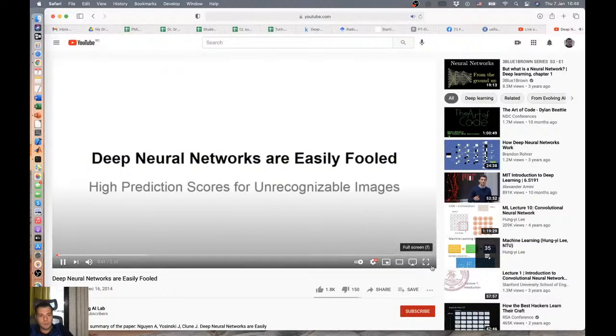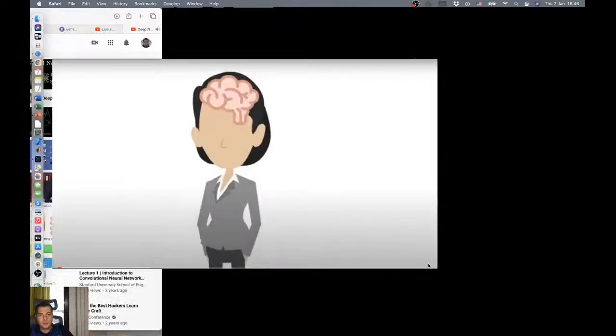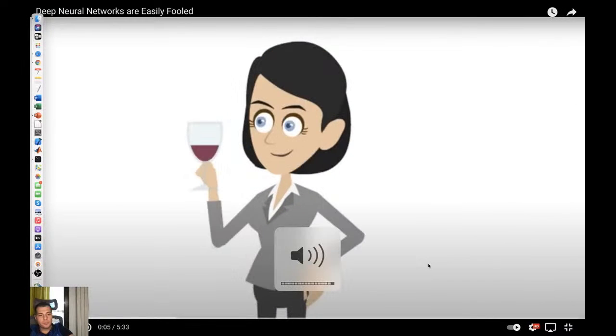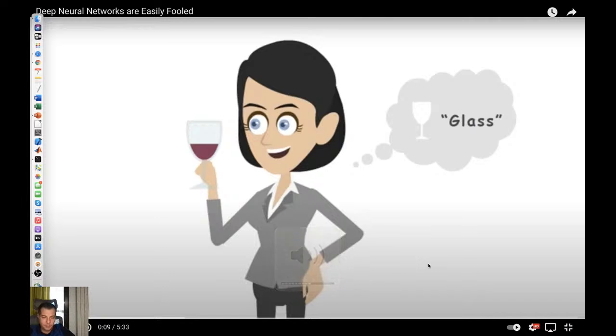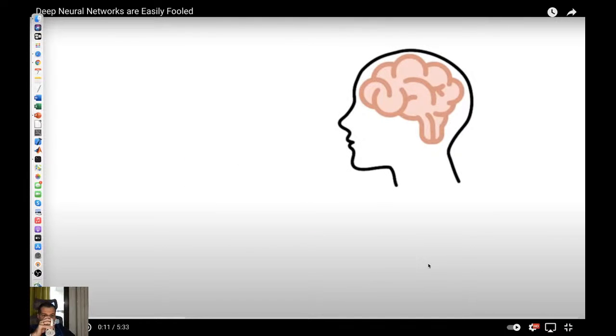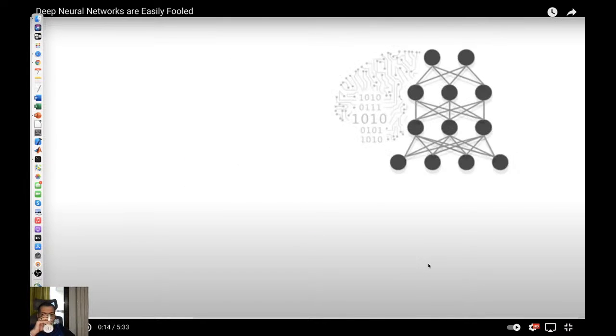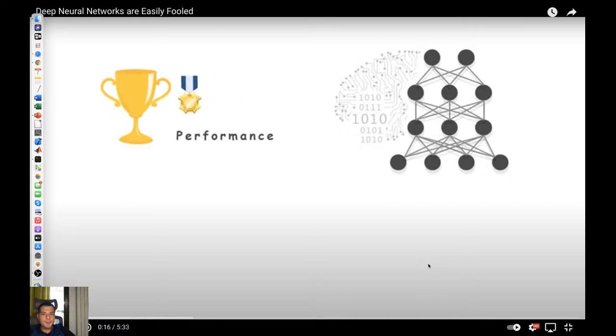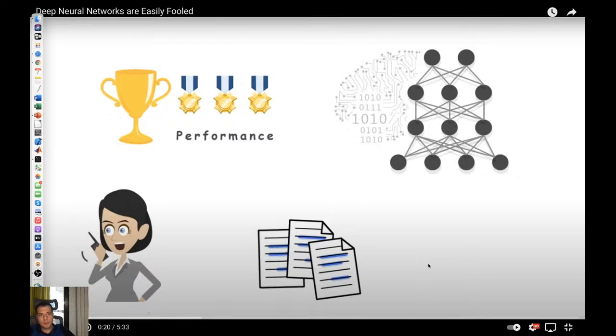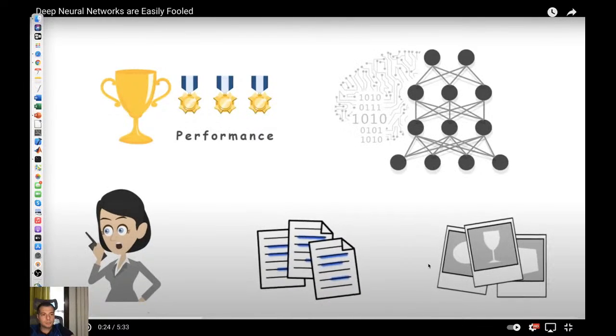The human brain recognizes objects by extracting multiple layers of representations from a sensory input. Inspired by the brain, deep neural networks have demonstrated excellent performance in many classification tasks such as voice recognition and natural language processing. They are especially good at vision recognition.